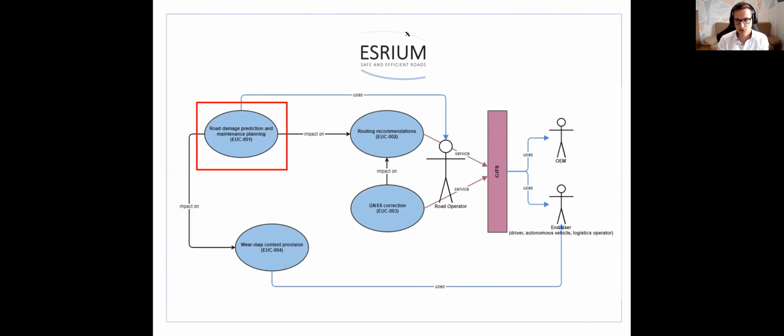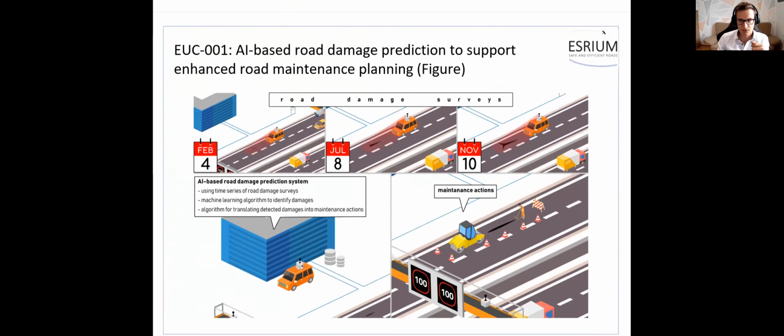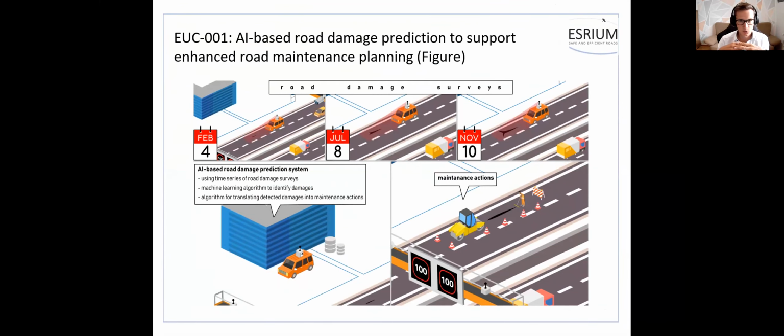All right, then I would suggest that we proceed to the description of the use cases and start with use case 1. So this graphic shows the first use case, which deals, as I mentioned before, with AI-based road damage prediction to support enhanced road maintenance planning.